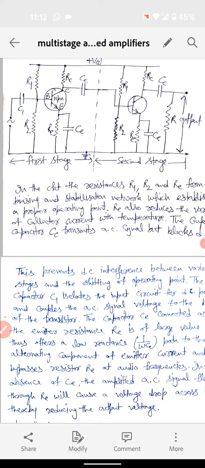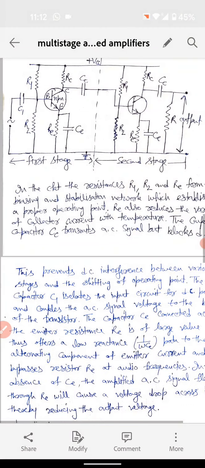If the CE is not there, the amplified signal will pass through the RE, which means there will be a voltage drop across this resistance. Due to that, the output voltage will be small.